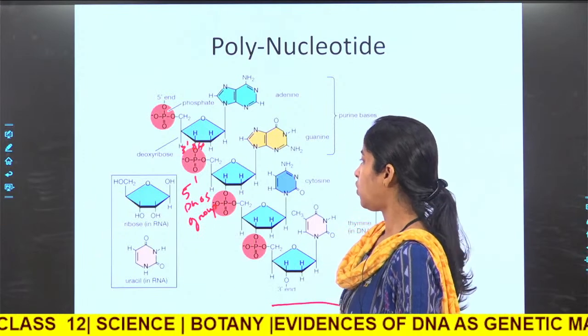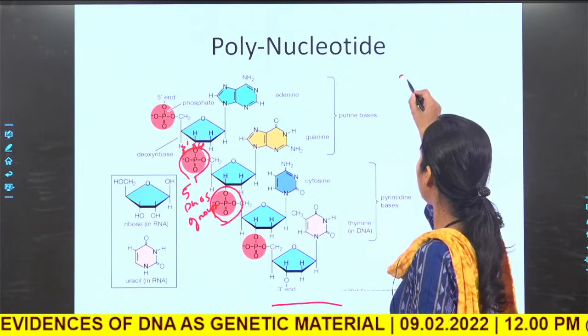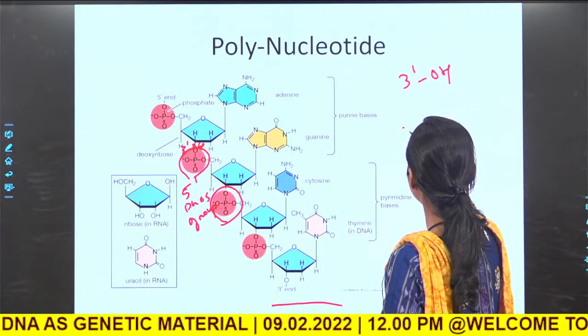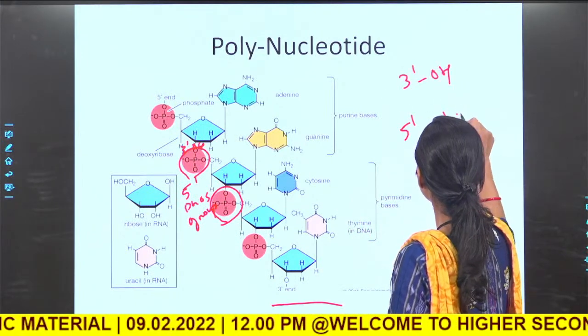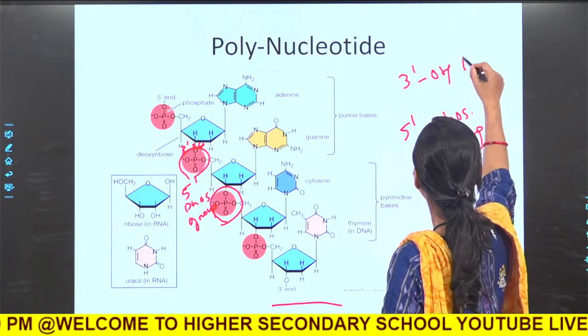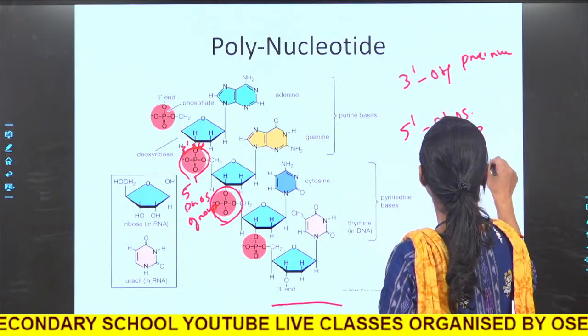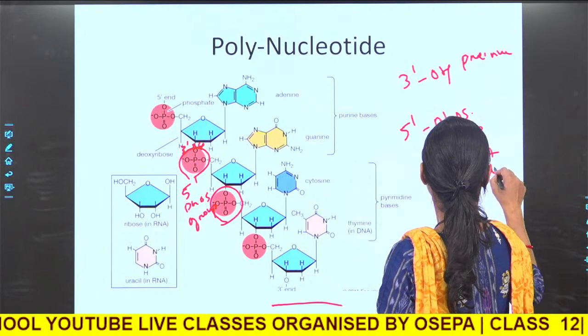Always you see, this is the phosphodiester bond which is formed between the 3 prime hydroxylic group and the 5 prime phosphate group of the next nucleotide. So, this is the previous nucleotide and this is the next nucleotide.